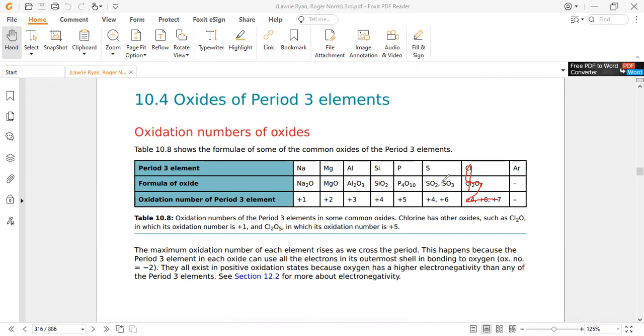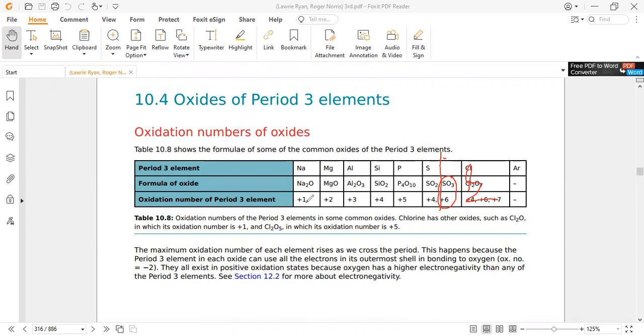Sulfur trioxide is okay, but sulfur trioxide normally does not form at room temperature and pressure unless you provide very hard conditions. So we have only 5 oxides: sodium, magnesium, aluminum, silicon, phosphorus and sulfur.